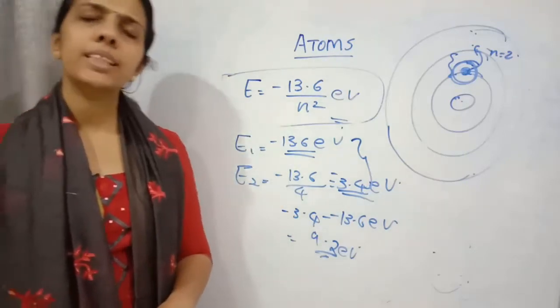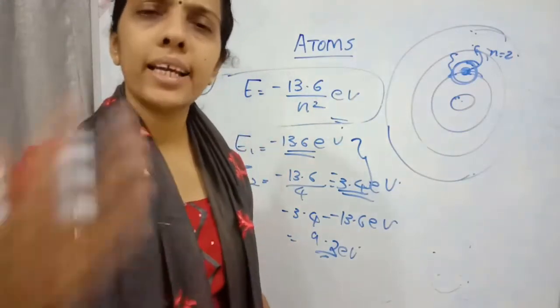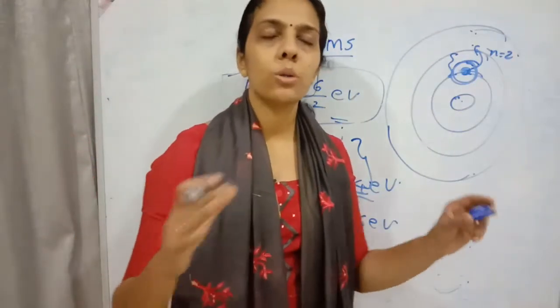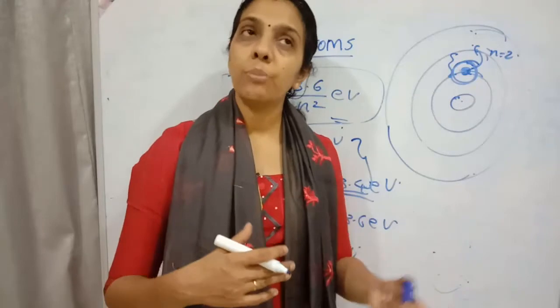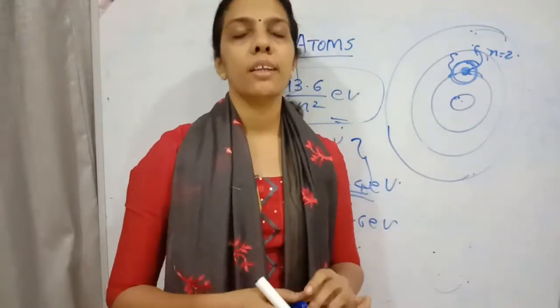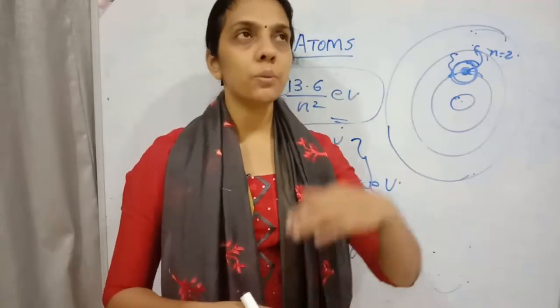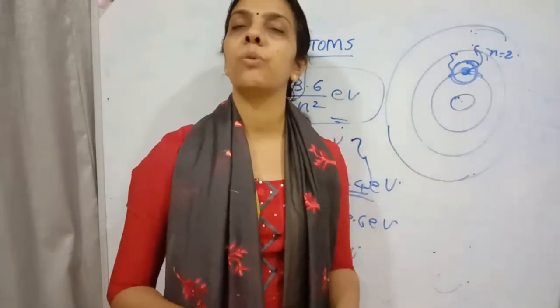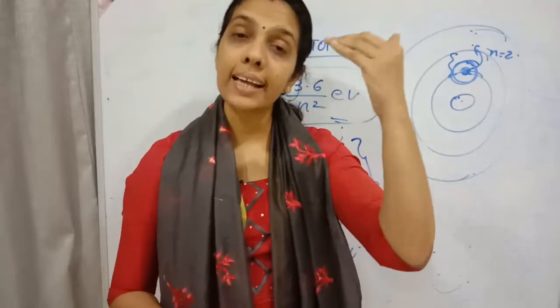Whether the electron will go only to the higher energy level? No, it's not like that. It will be releasing energy and will come back to the ground state also. So when it is moving to higher energy levels, we will say it is going to the excited state.